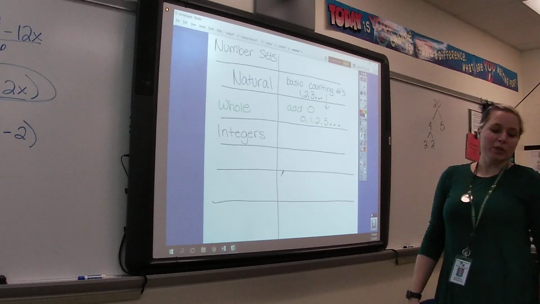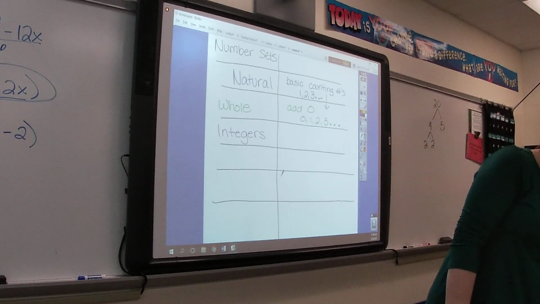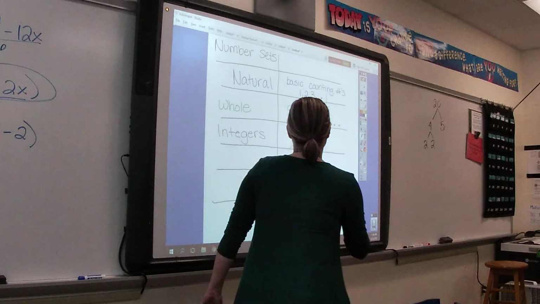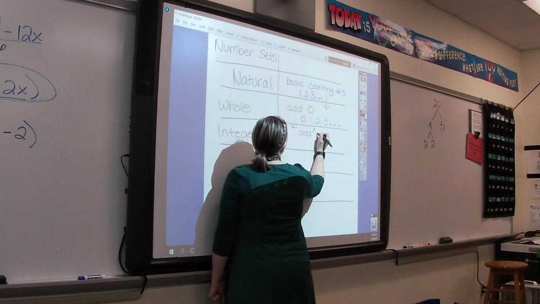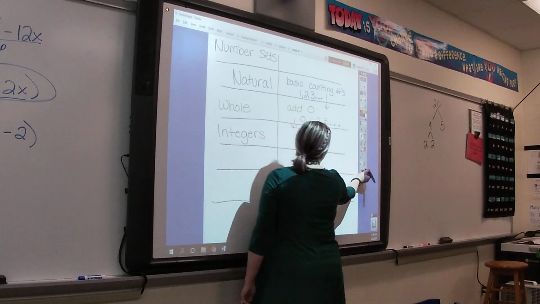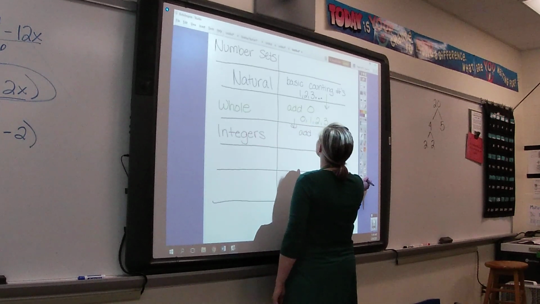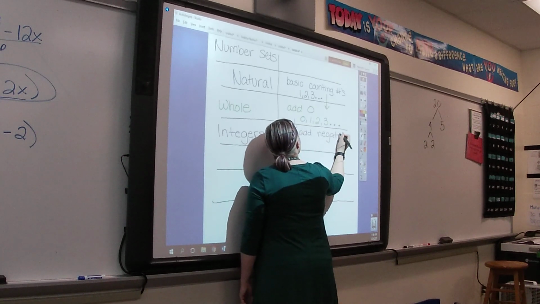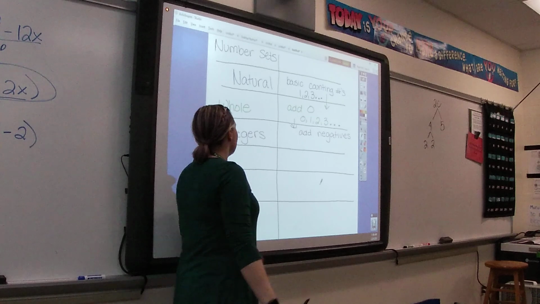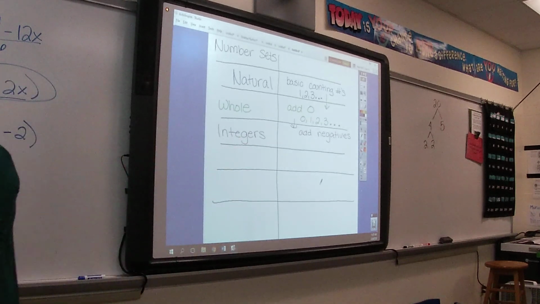Now we're going to add fractions? No, not fractions. We're not there yet. I was jumping ahead. We're doing negatives here. This is when your teacher says, what happens if you have $5, but you owe $7?